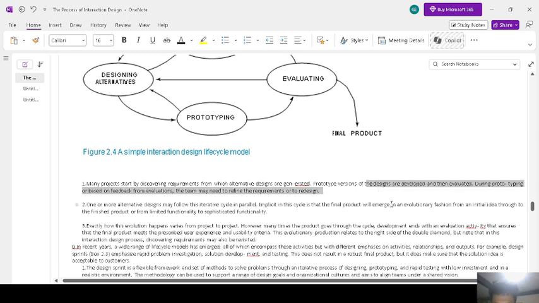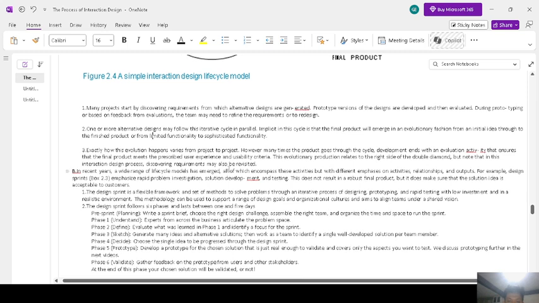So prototype versions of the designs are evaluated and then you iterate. During prototyping or based on feedback from evaluations, the team may need to refine their requirements during design. One or more alternative designs may follow this iterative cycle in parallel. Implicit in this cycle is that the final product will emerge in an evolutionary fashion from an initial idea through to the finished product, or from limited functionality to sophisticated functionality.